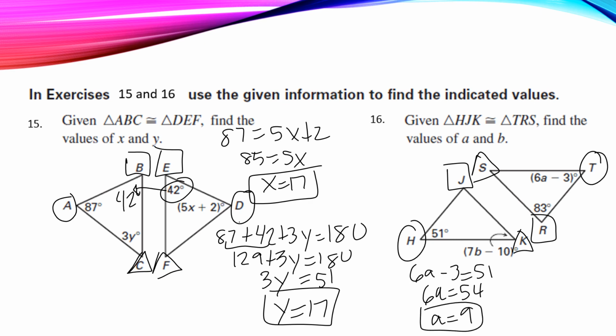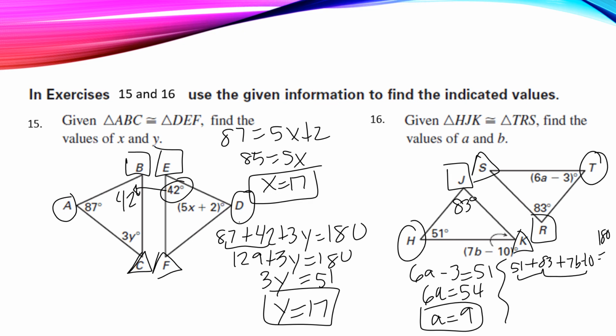Then for my B, I have an H. J is the same as R, so J is 83. So then I can set it up the same way that I did the last one, do 51 plus 83 plus 7B minus 10 equals 180. And then combine like terms and solve.